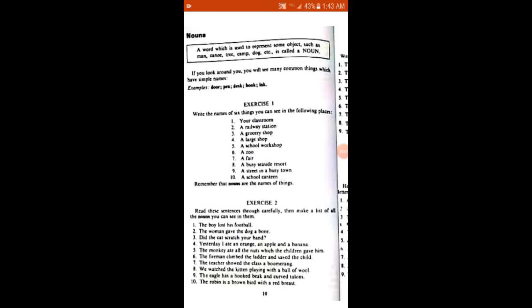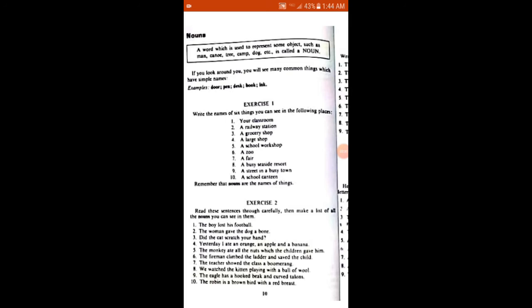This is grade 5. I know noun is very clear for you guys, so let's jump to the exercises. Firstly, starting with the exercise, I should read this. If you look around you, you will see many common things which have simple names like door, pen, desk, book, ink. In exercise 1, the task is to write the names of 6 things you can see in the following places.